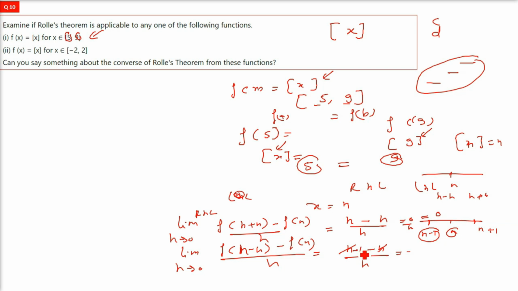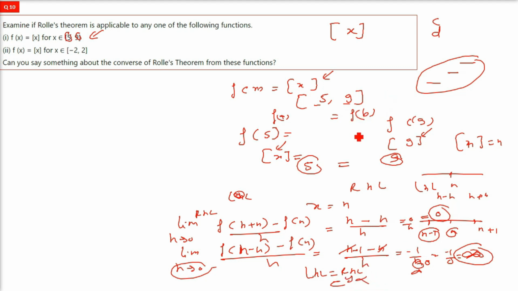As h tends to 0, anything divided by 0 will always give you infinity. Here the left hand limit is infinite and the right hand limit is 0, so the left hand limit and right hand limit are not equal. When LHL and RHL are not equal, you cannot say that the differentiability or the continuity is established.